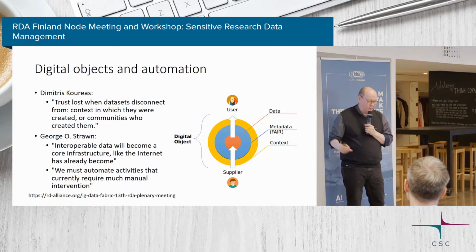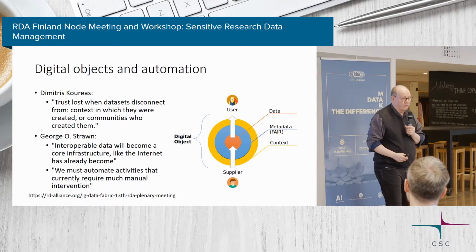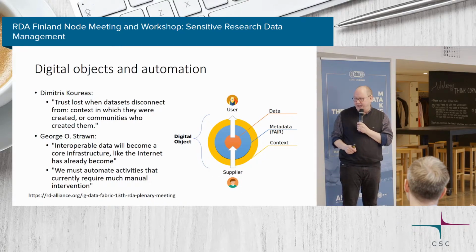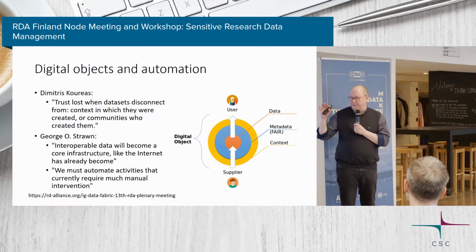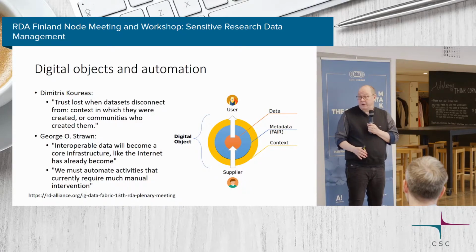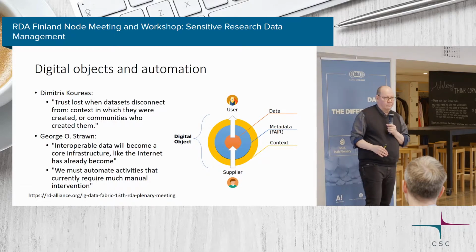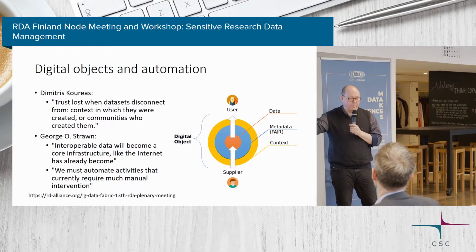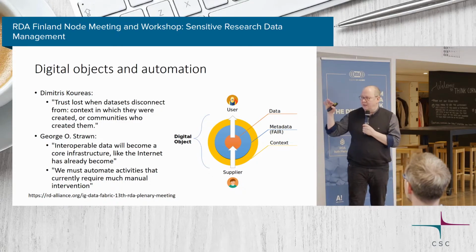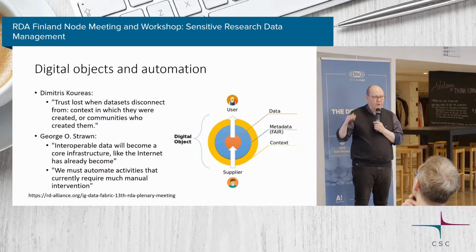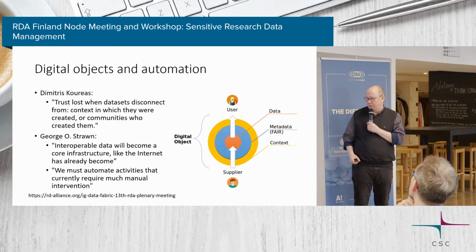George Strawn, who is an internet veteran from the United States, has stressed that interoperable data will become core infrastructure, like the internet has already become in our normal world. The internet has connected different networks with each other, and these digital objects will give us something with the data in the future.